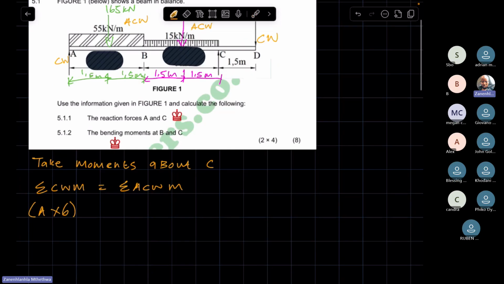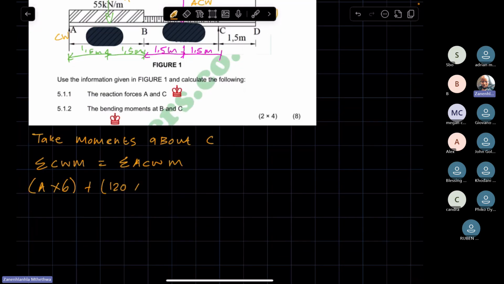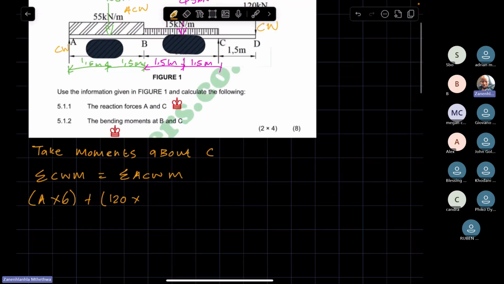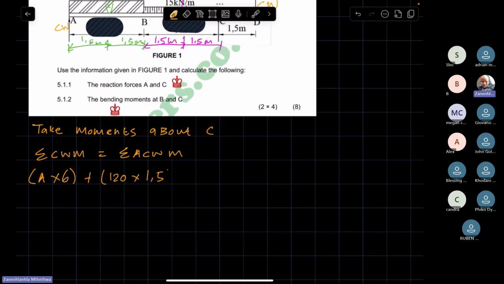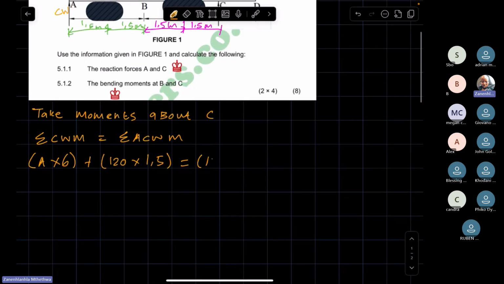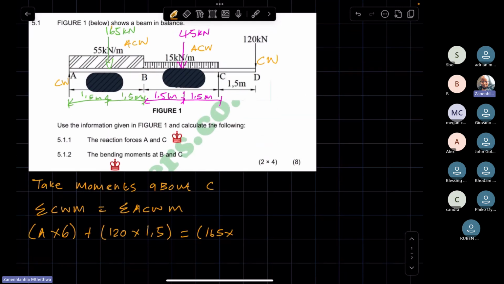So that's 6 meters plus the 120 times the distance between the 120 and where we are taking moments about. So that is 1,5. So that is equal to the anti-clockwise moments, which is the 165 times the distance between the 165 and where we are taking moments about.